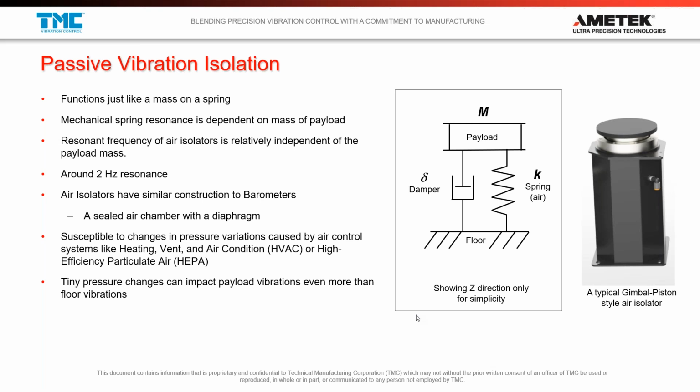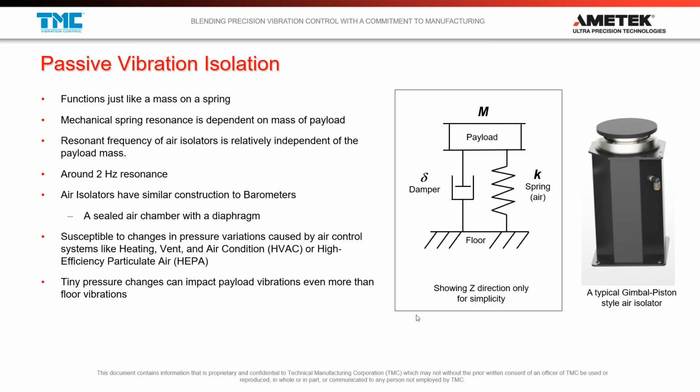A lot of these air isolators, like a gimbal piston style isolator, they're actually sealed chambers. So you've got this piston, it's floating on air, it's in a sealed chamber. And one weakness is that they could be affected by the ideal gas law, PV equals nRT. So say the pressure in your room suddenly increases, or probably a pressure drop due to the air conditioner coming on, or somebody opens the door real fast and there's a big change in pressure in the room.